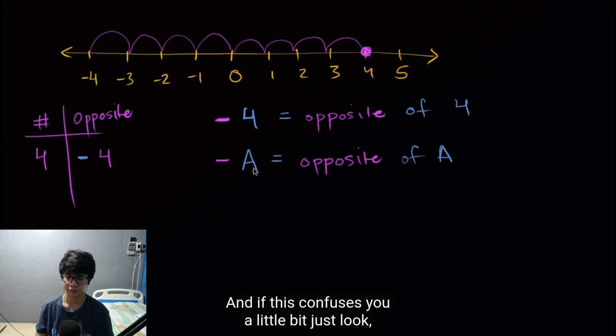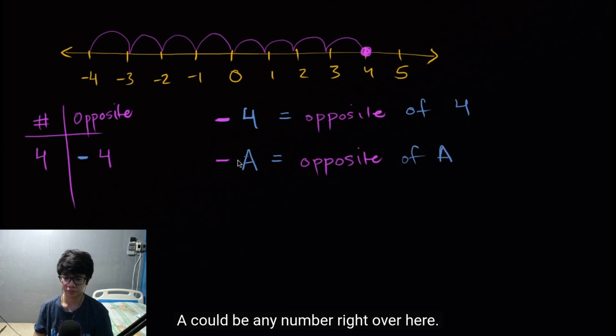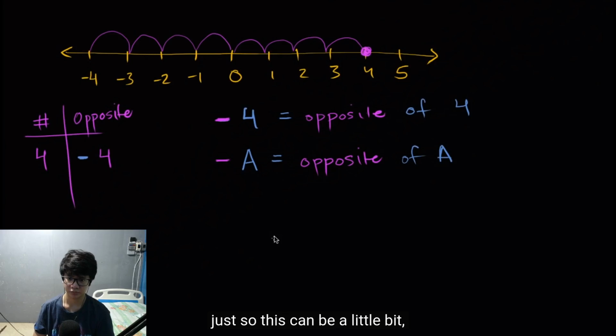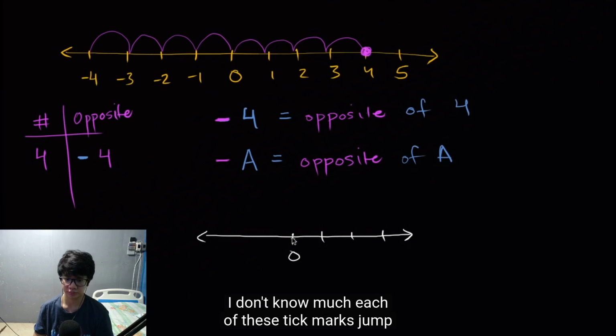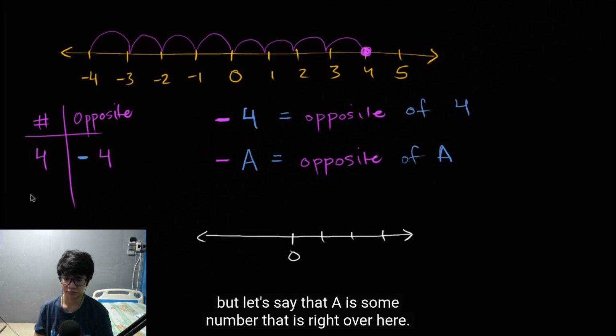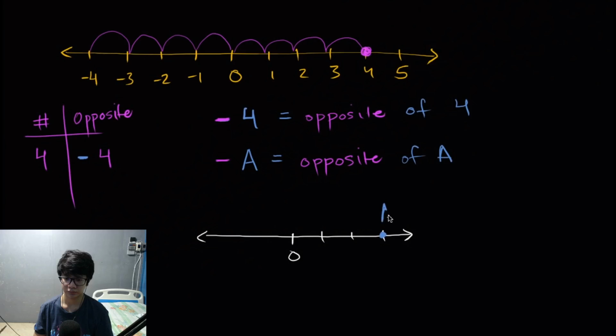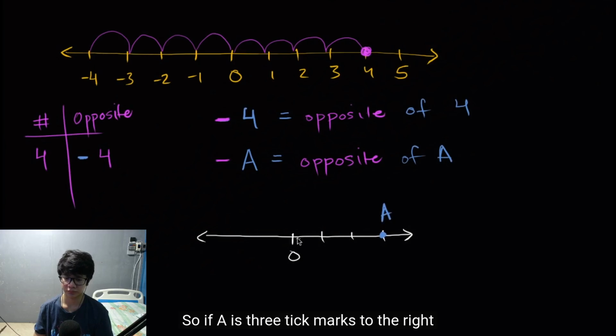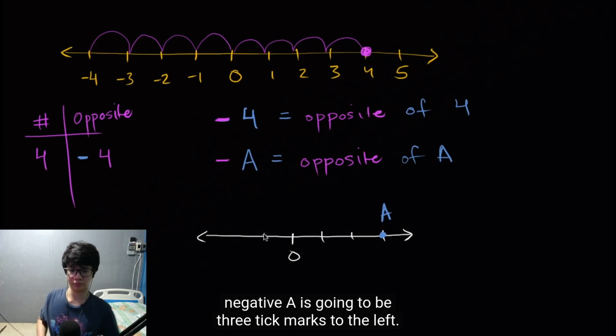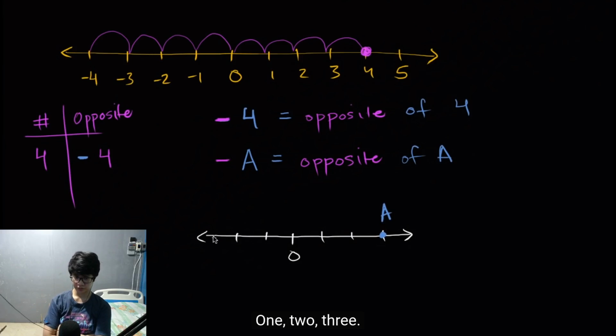If this confuses you a little bit, just look, a could be any number. So let me draw a number line so this makes a little more sense. This is a number line, and let me put some tick marks here. I don't know how much each of these tick marks jump, but let's say that a is some number right over here. Well, negative a is going to be the opposite of a. So if a is 3 tick marks to the right, negative a is going to be 3 tick marks to the left. 1, 2, 3.